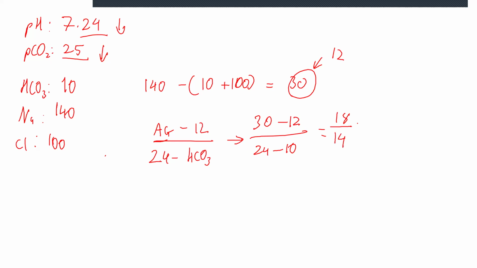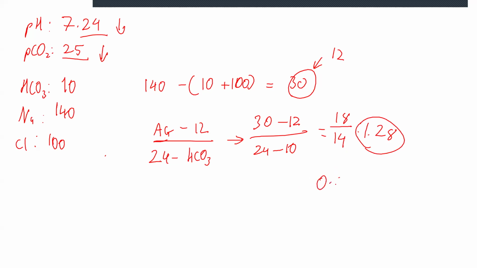All right? And the end result of this ratio, if I just do that, is going to be 1.28. So like we said before, in this case, it's less than 2.